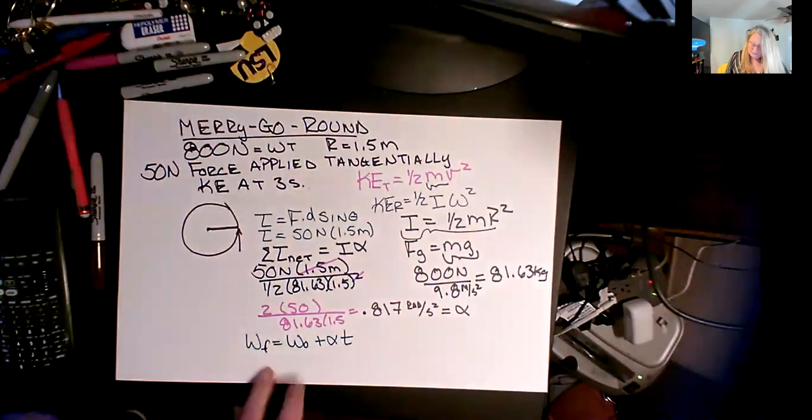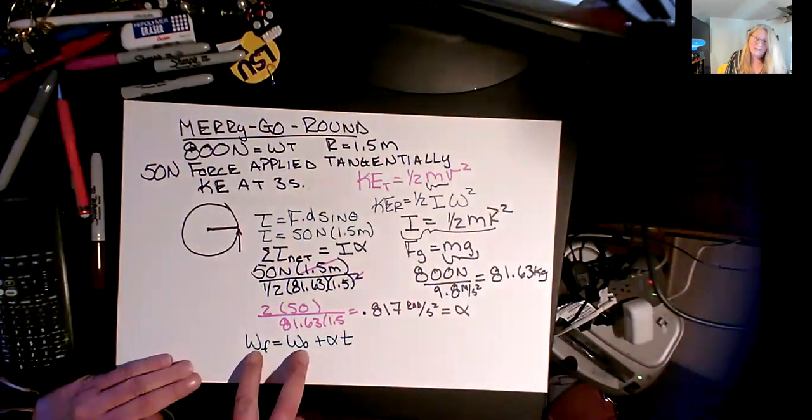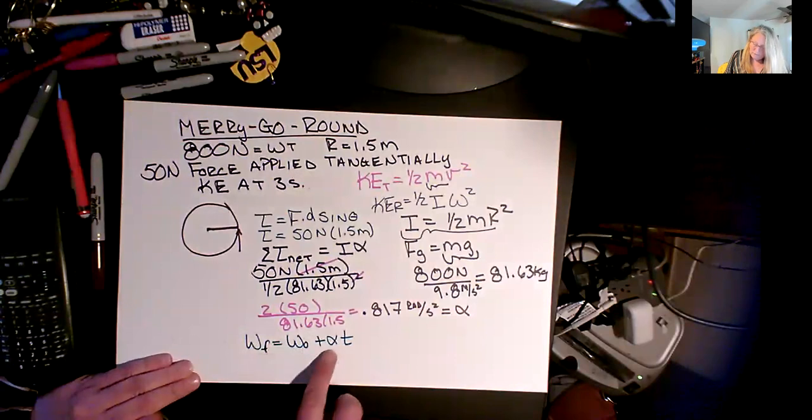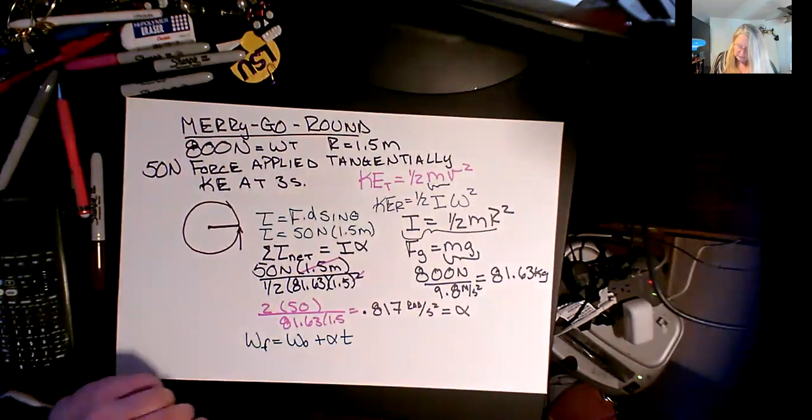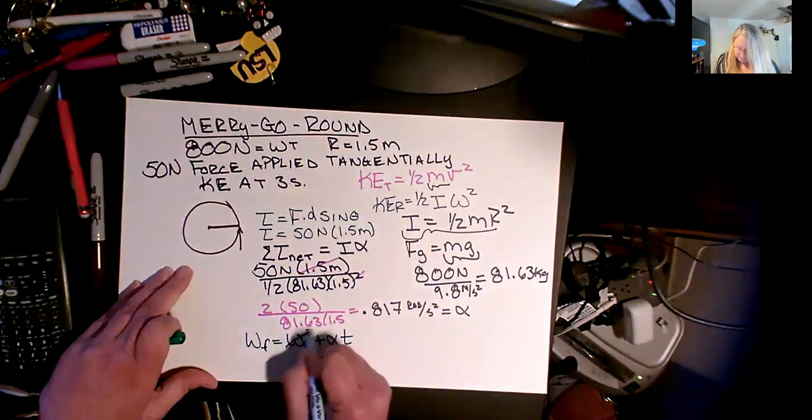Let's think about this. This would be omega final minus omega initial if I move one to the other side. If I divide by time, well, a change in omega over time, that is my alpha. That is acceleration, right? So that is a good option, and I know I'm starting from rest.